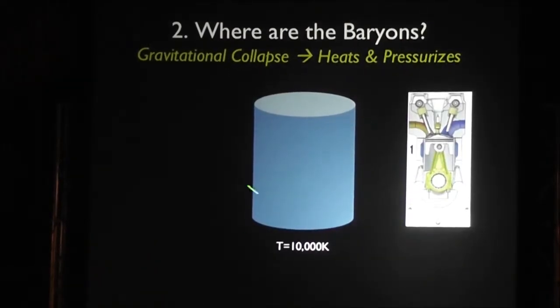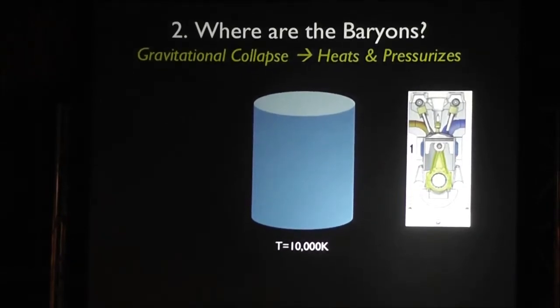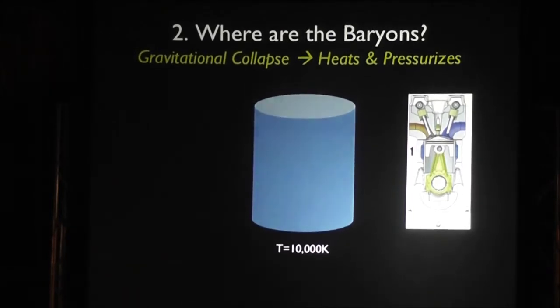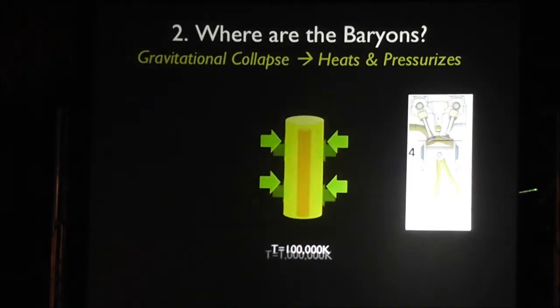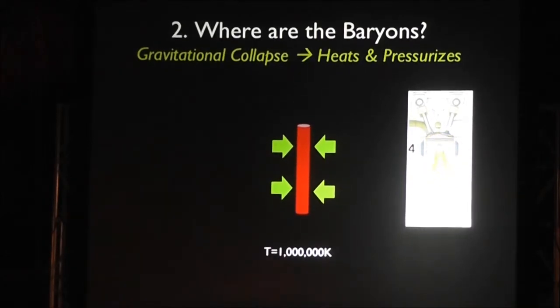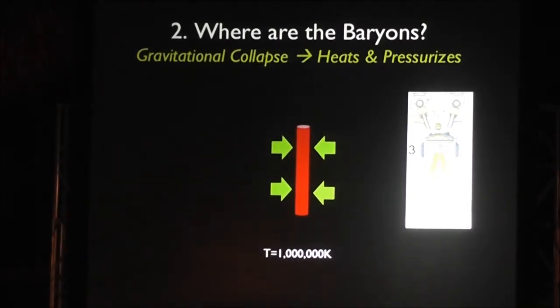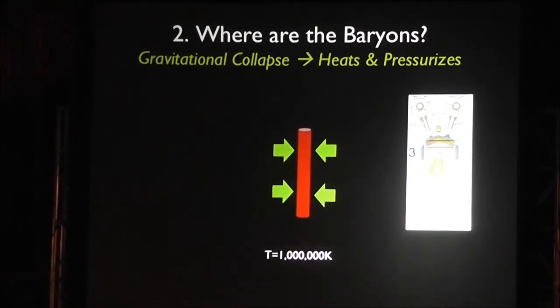So some of that matter collapses and heats up and becomes that million-degree, what we call the warm-hot intergalactic medium. Here it is collapsing, and it's basically the process which is in your engine, which condenses the air and heats it up to the point where it's ripe to be flash exploded.